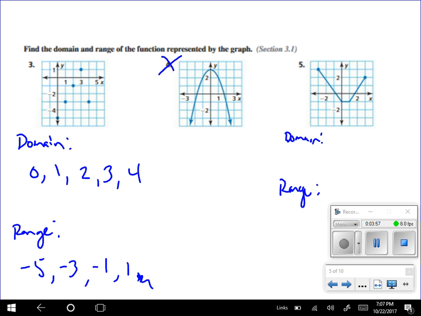And we're talking about our domain, our input, our x values, so everything along the x-axis that is in the graph. So the smallest that we see is -3. The largest that we see is 3. So x has to be greater than -3, but less than 3.